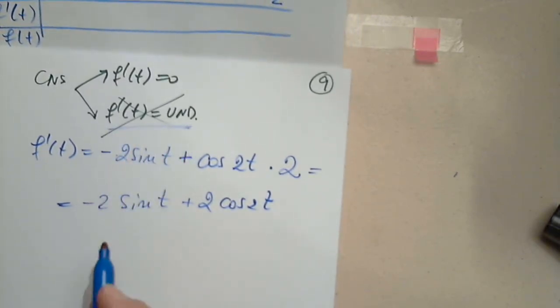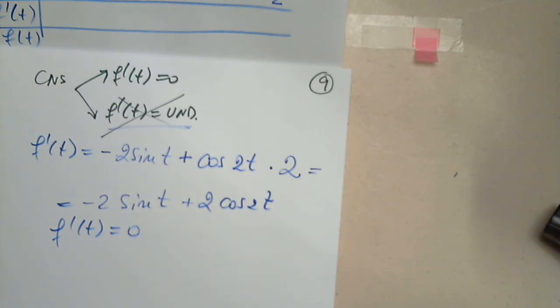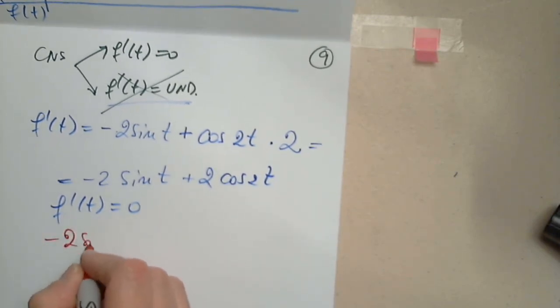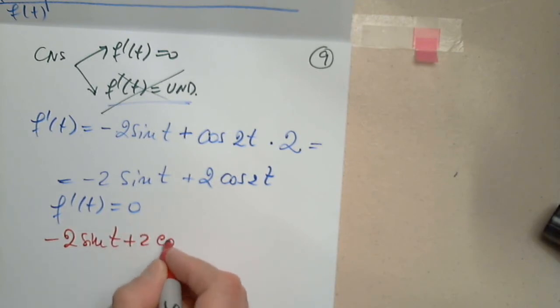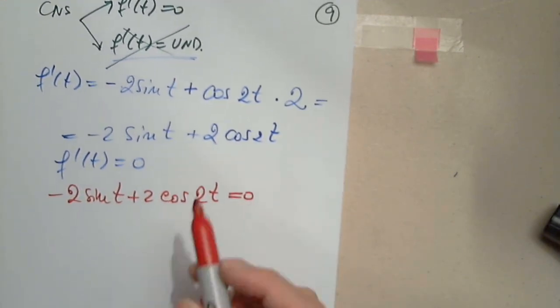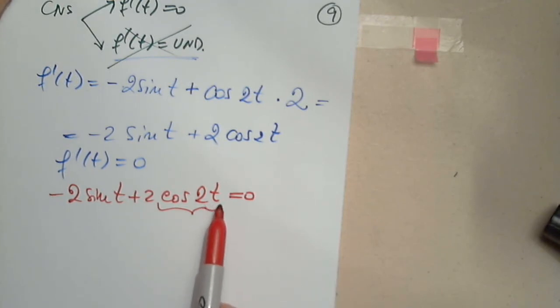Never undefined, but we have to find solutions for f prime of t being 0. Okay, so first of all, I'm going to write the equation as negative 2 sine t plus 2 cosine 2t equals 0. And this, as I mentioned, it will be a little bit painful because, first of all, we have to remember what cosine 2t equals to.